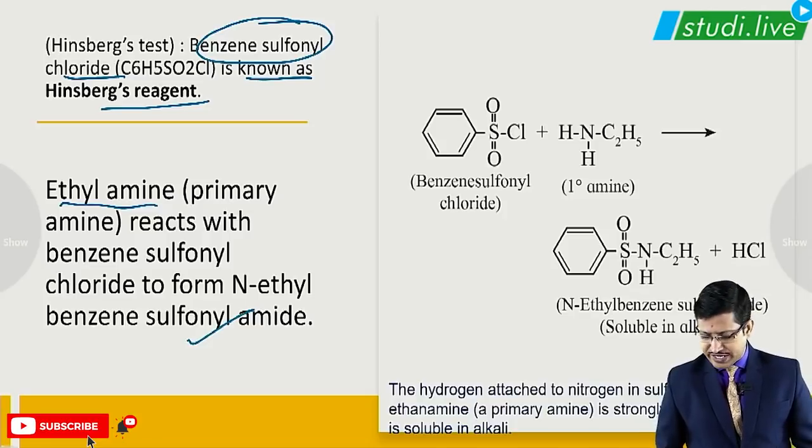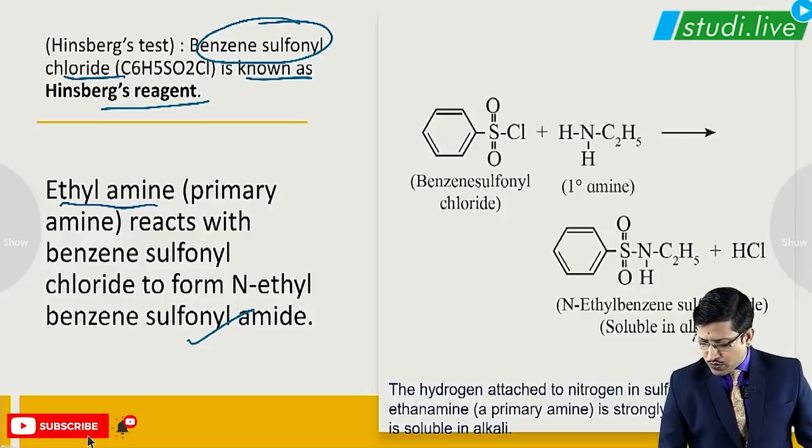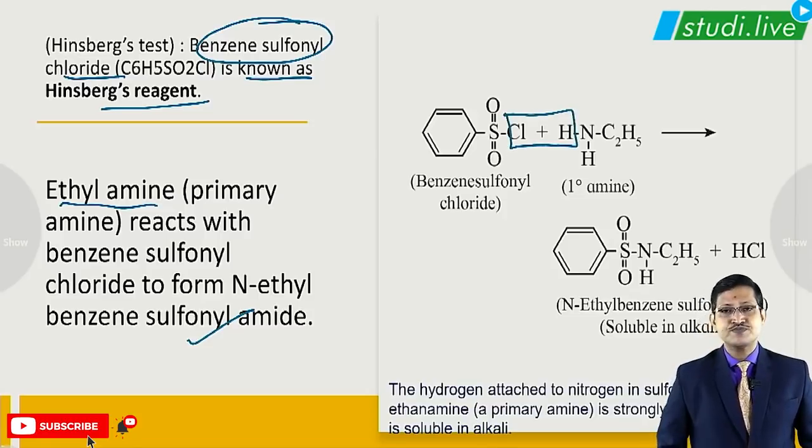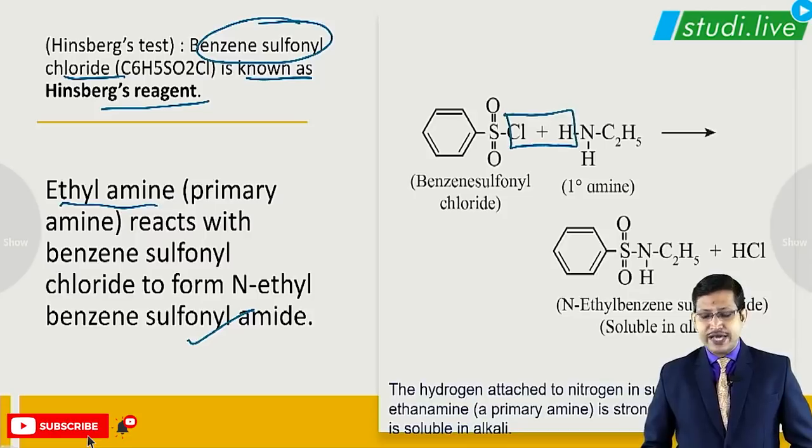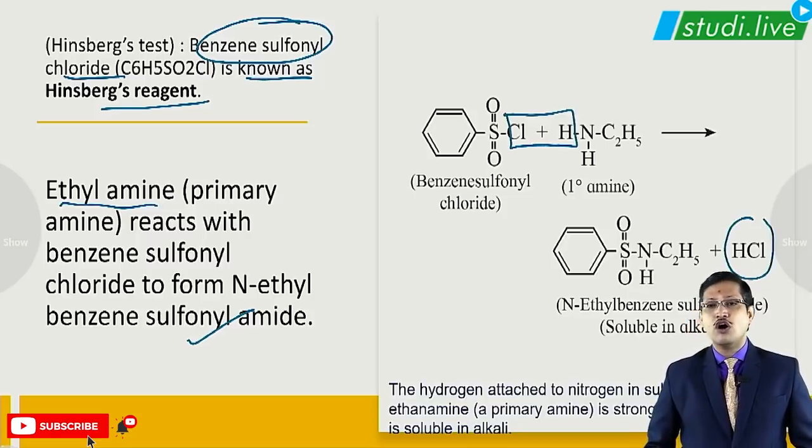How does the reaction take place? Let's try to cross check. Now this is benzene sulfonyl chloride on the screen. The reactant will combine with primary amine C2H5NH2. Now this Cl will combine with H. When I say Cl will combine with H, that will give you the formation of HCl. And what are you left out with?